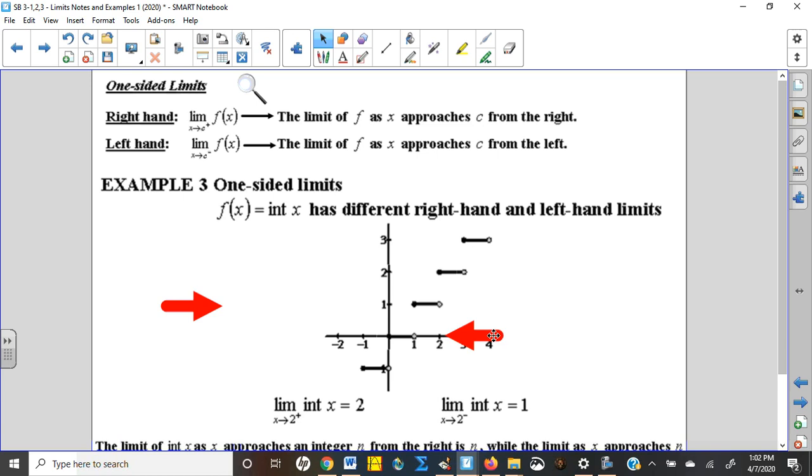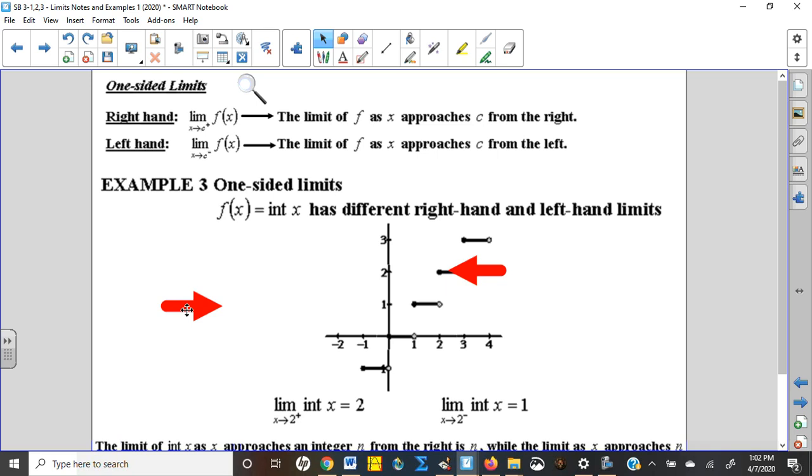That's the right limit, okay? What height does it look like we're approaching? Well, actually, this is an open circle. It looks like the values are actually up here at a height of 2. So it looks like my y values as I move into 2 from the right are at a height of 2.